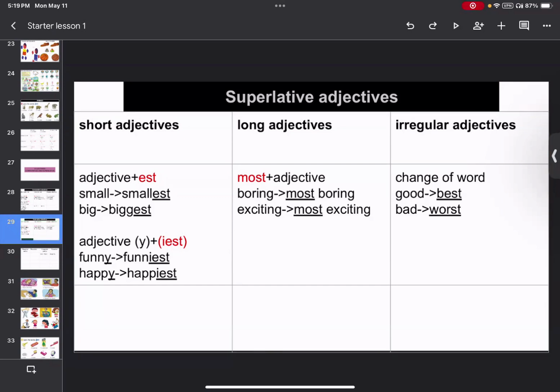Okay, so from the words we already had, exciting becomes most exciting. We already have that here as an example. Then next one, easy.